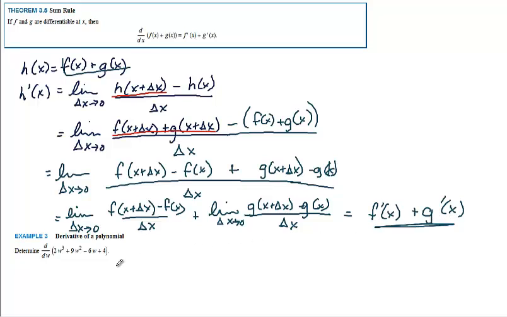This is a very powerful theorem, and it allows me to do all kinds of polynomials. So here you'll notice I'm using the power drop rule, the constant rule, and this sum formula that I just came up with.